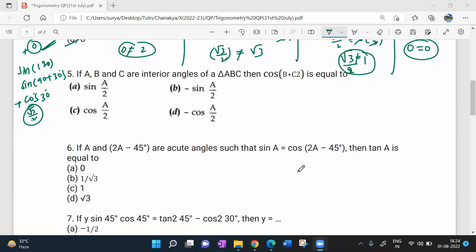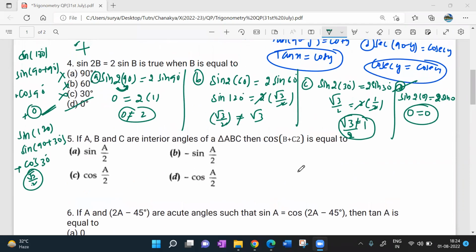No doubts. Sir, can you scroll a little up? Okay, quick. Yes, sir. Fine. So the next question is what he has given. If A, B, C are interior angles of triangle ABC, then cos of (B plus C) by 2.